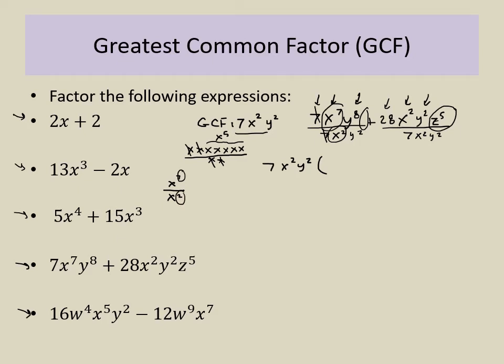X to the power of 7 divided by x squared is going to be x to the power of, and then you subtract the exponents. 7 minus 2 is 5. This is the explanation why the quotient rule is the way it is, but nevertheless, it's one of the rules for exponents that we should know by now.